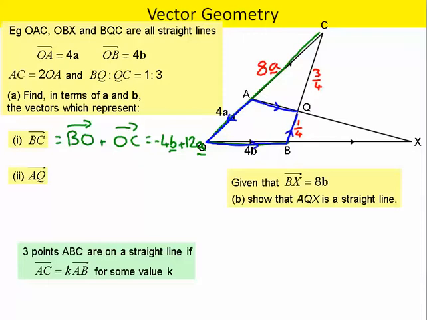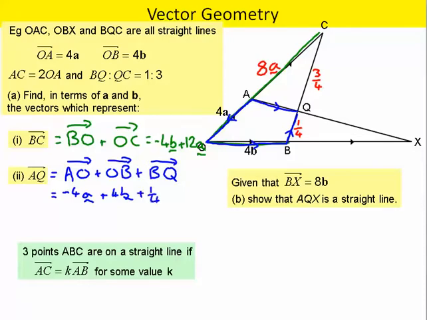So that is equal to AO plus OB plus BQ. AO is minus 4a, OB is plus 4b, and BQ, well BQ is 1/4 of BC.